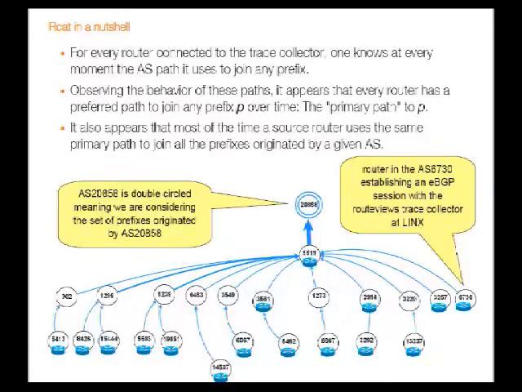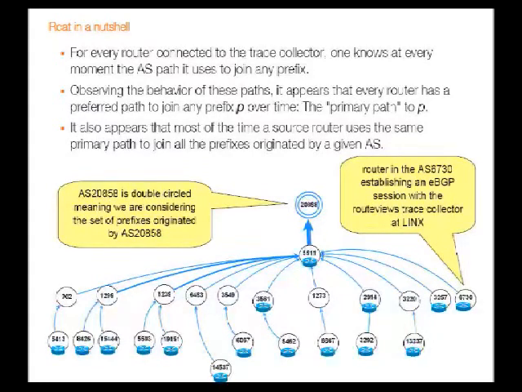What is more, it also appears that most of the time, a given source router, which is a router connected to the route collector, uses the same primary path to reach all the prefixes originated by a given AS. So here, for instance, I've represented the routers connected to RouteViews at LINX, and drawn all the primary paths they use to reach the prefixes originated by AGNet.